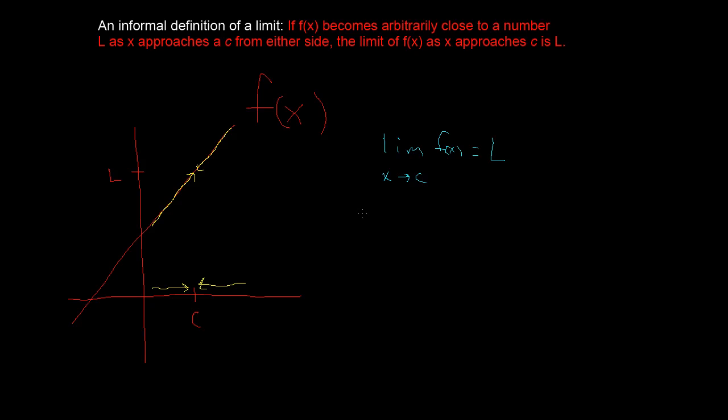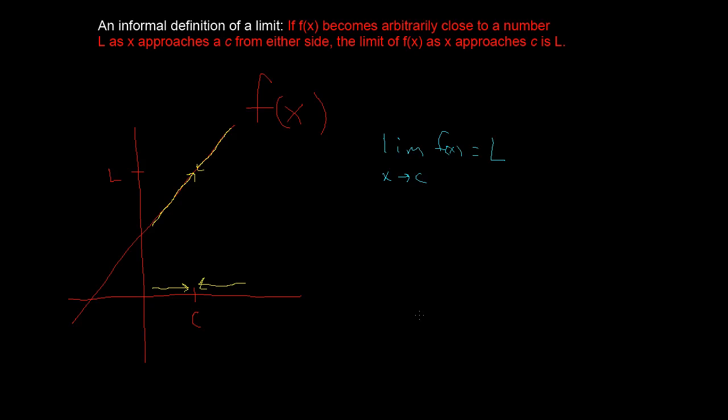Probably the biggest one is this notation implies that you're approaching c from both directions. This limit only exists if, as you approach c from both directions, f of x approaches the same number. If f approaches a different number from one direction than it does from the other, then we have to deal with that differently, and we'll talk about that more later on.